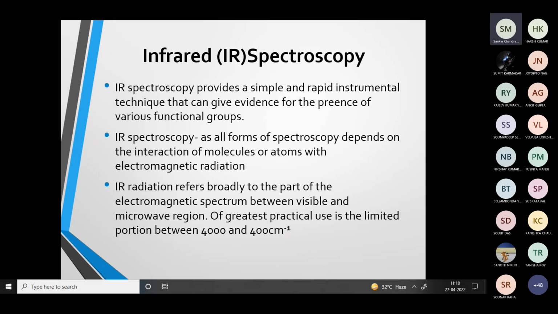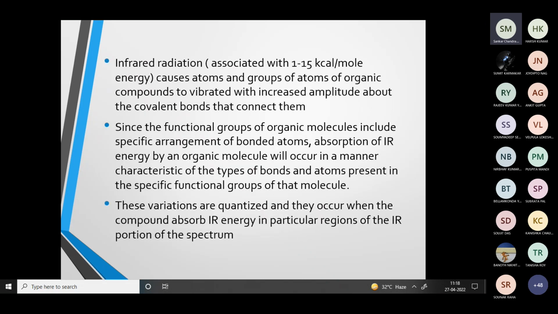So infrared radiation refers broadly to the part of the electromagnetic radiation, as I have already discussed, between the visible and microwave region. That corresponds to 4000 to 400 centimeter inverse. This is the energy corresponding to the radiation that we apply to the compound.